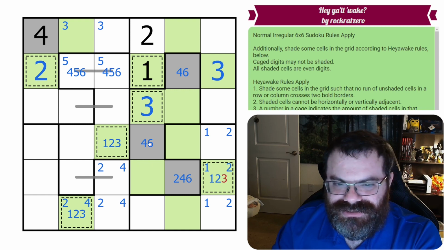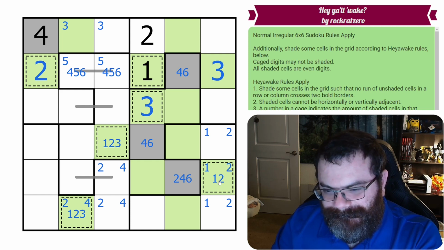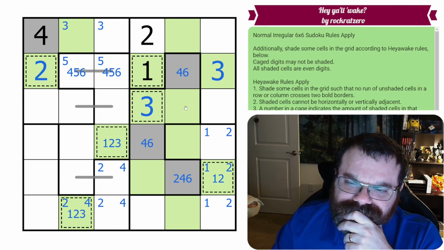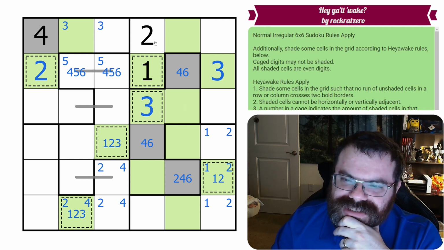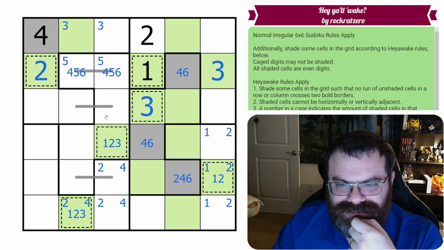Don't know if that's interesting or not, but it might come in handy. This isn't a 3 because of this 3 that we placed. Okay, so we still need a shaded cell in here, but it really could be any of them, seems like.